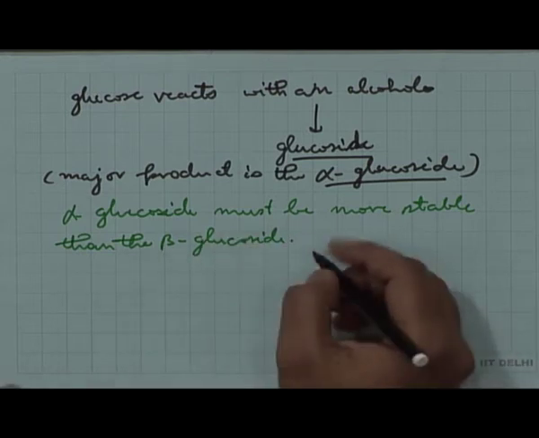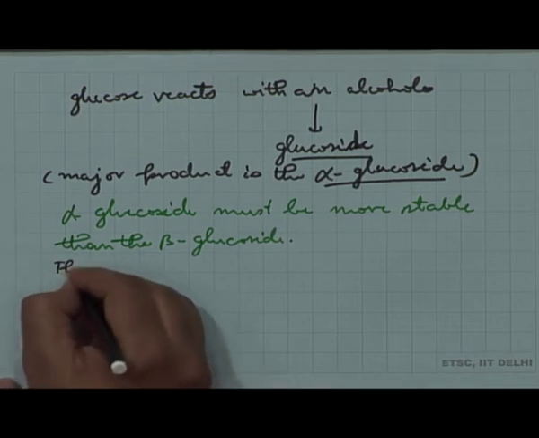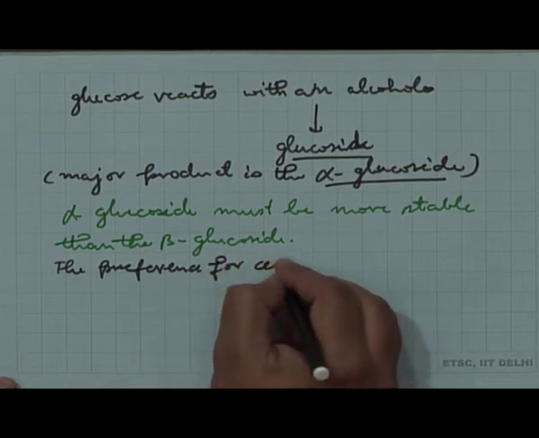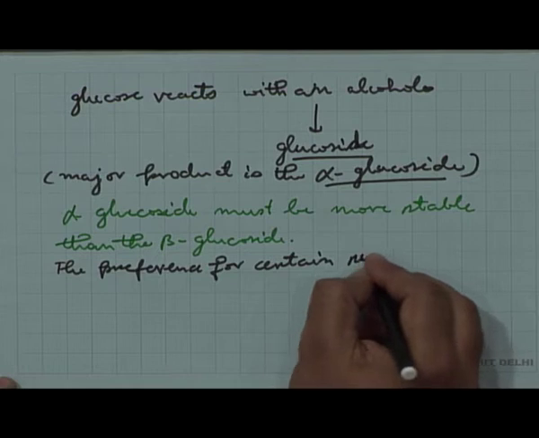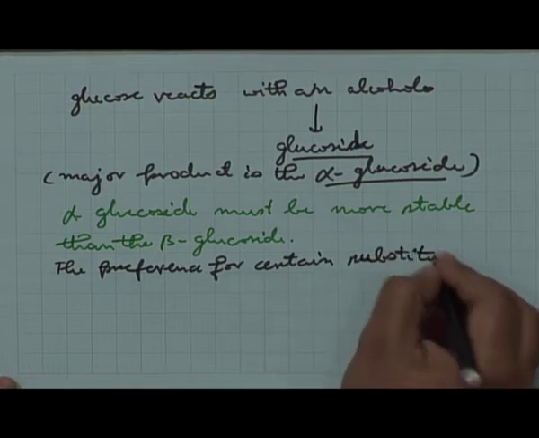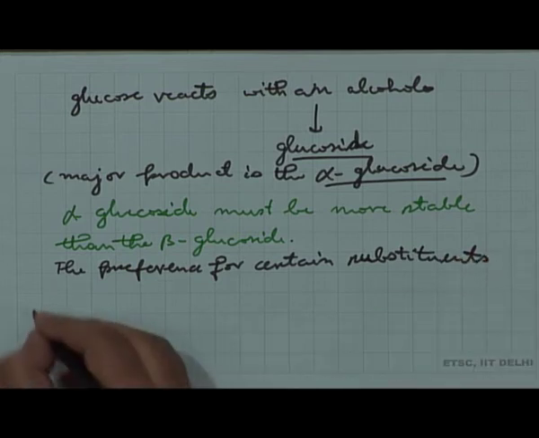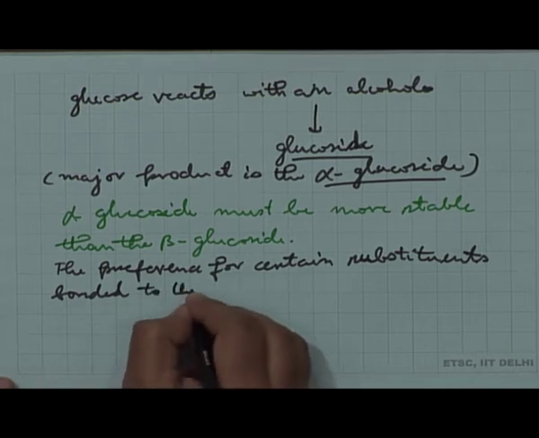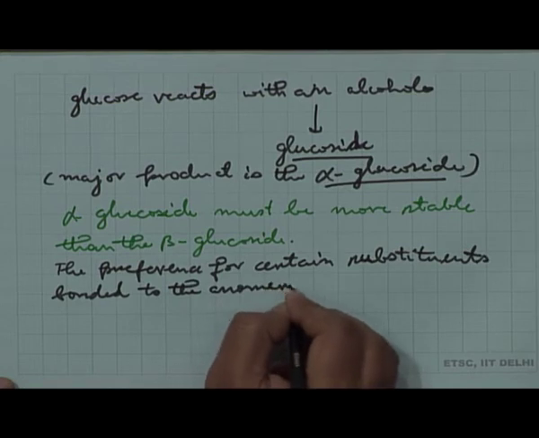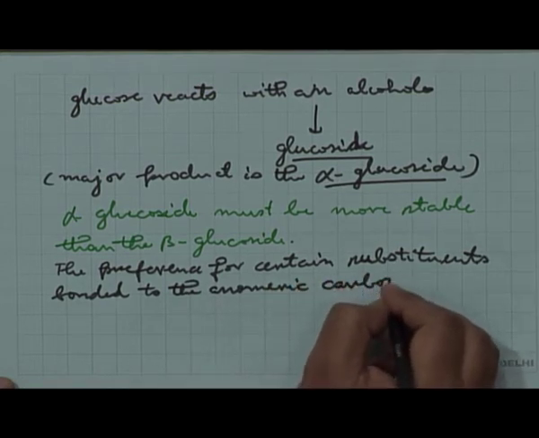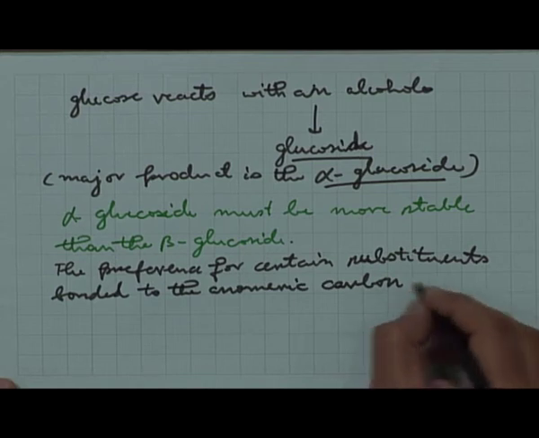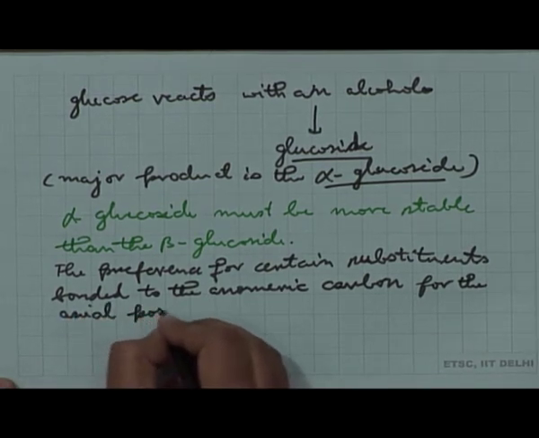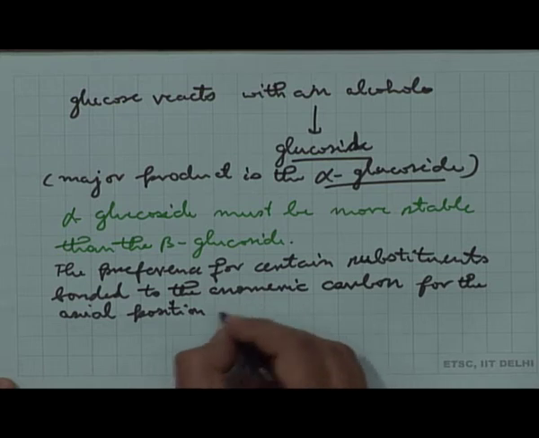The preference of certain substituents bonded to the anomeric carbon for the axial position is called the anomeric effect.